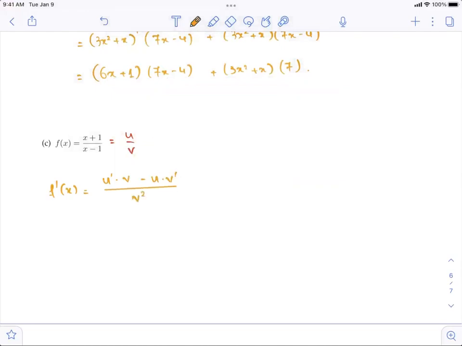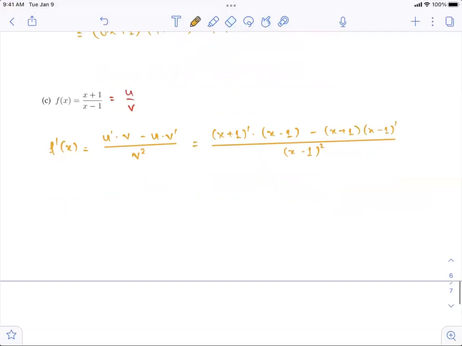All right. So the problem becomes x plus 1 prime times x minus 1 minus x plus 1 times x minus 1 prime over v squared. Right, so in this case, v is equal to x minus 1. So x minus 1 squared.